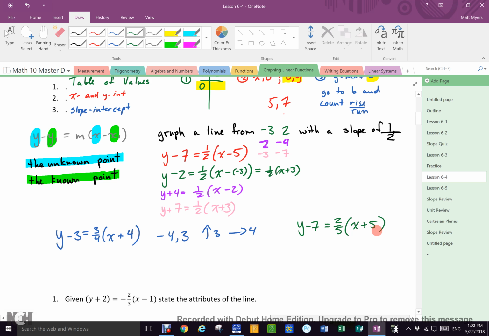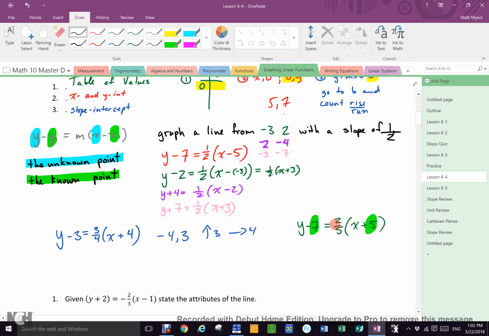Now, why is it that those are our known points? The reason they are our known points is because we know that this needs to be opposite on the graph, correct?